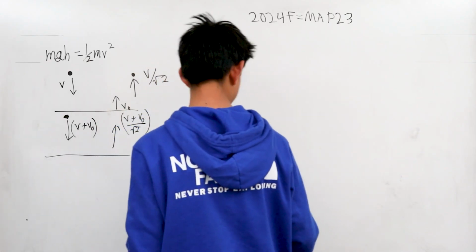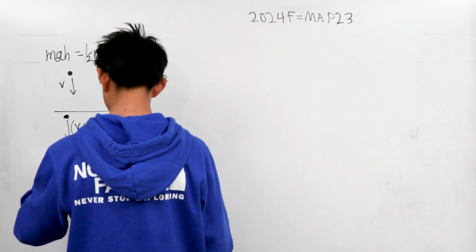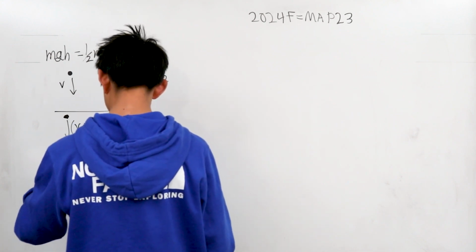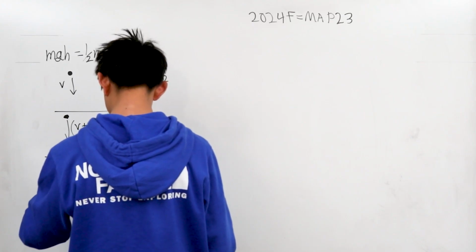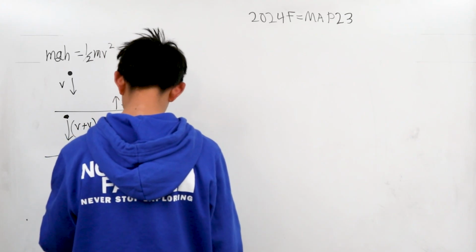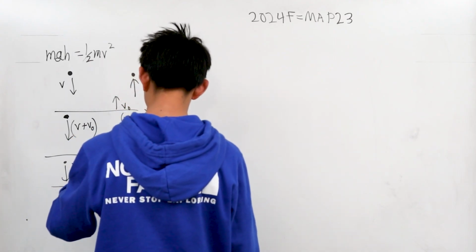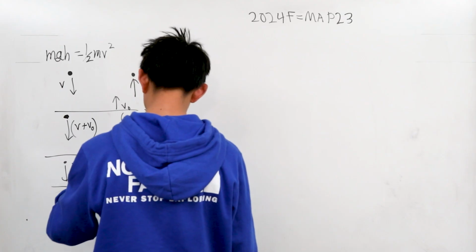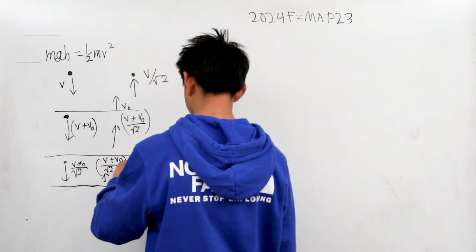And then we can do this one more time, where it goes down as v plus v0 over square root of 2, and then bounces back up as v plus v0 over square root of 2 plus v0.